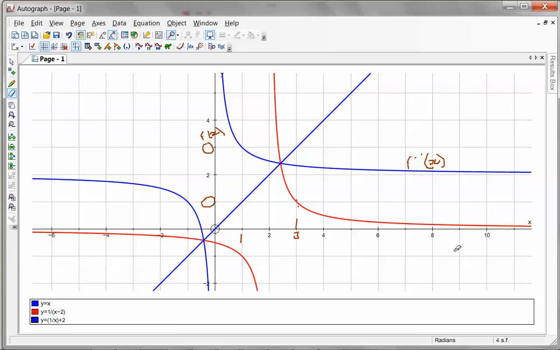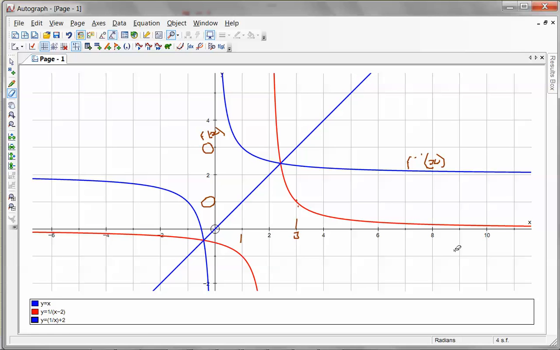Anything that was a y-intercept has to become an x-intercept, definitely. They're the things you have to get right. The other ones, roughly the right shape, but things like maximum points and minimum points will be important.